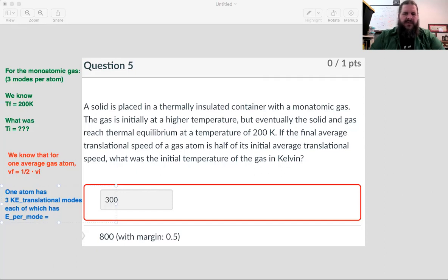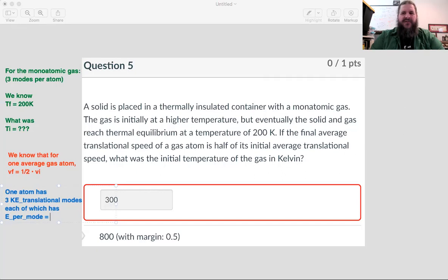R is really more talking about entire moles worth of atoms. We're looking at just one atom here, and in fact, just one mode within one atom. So what's the usual formula for the energy of just one mode? Or what should it be proportional to?